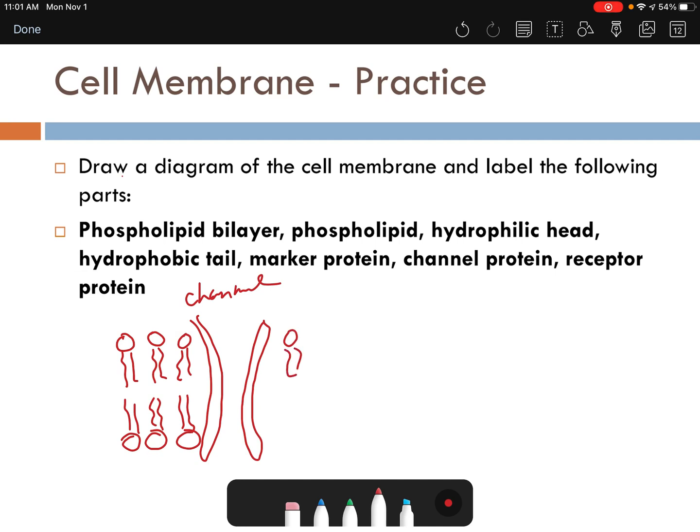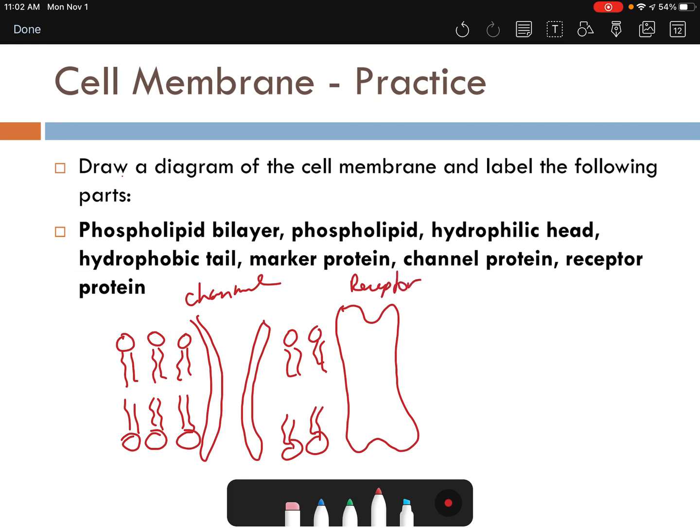And I'm going to draw some more of these phospholipids. You guys will do a much better, neater job than me. And now I'm going to do a receptor protein, or maybe a hormone can attach there.